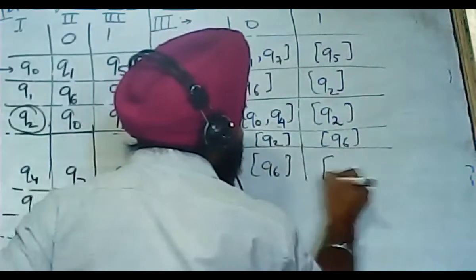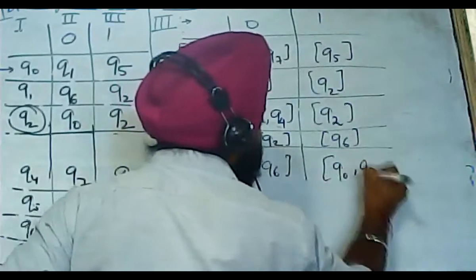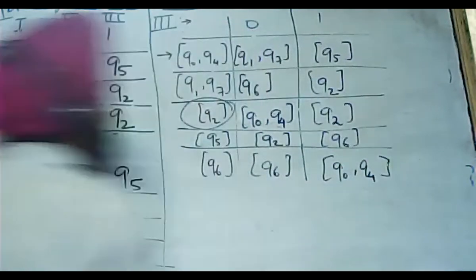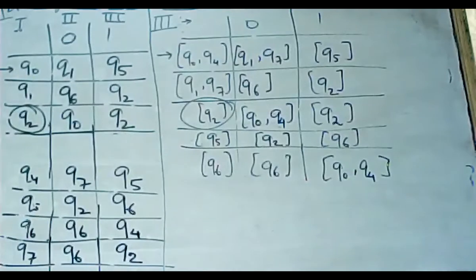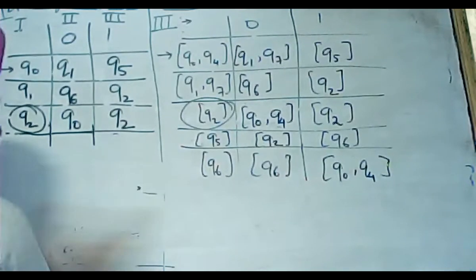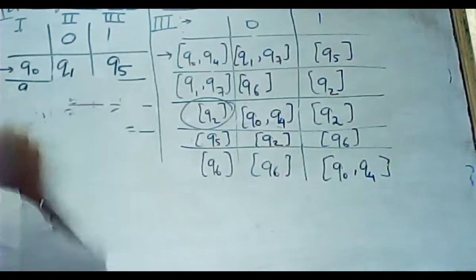So again, you need to write the pairs. So your new transition table is completed. After this, you have to construct the new transition diagram for this.